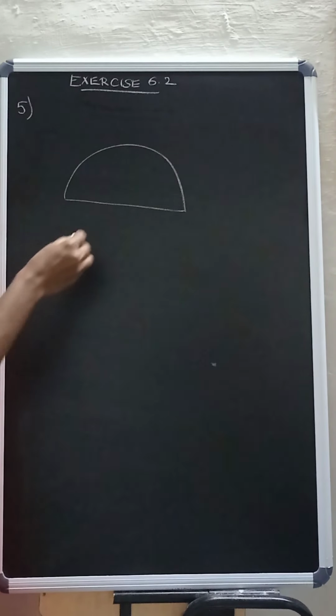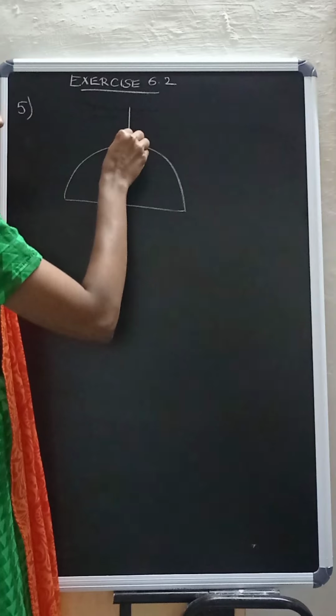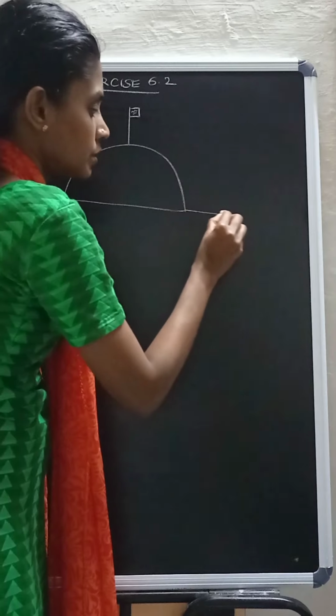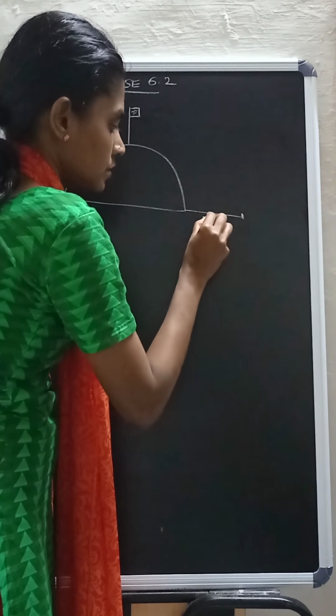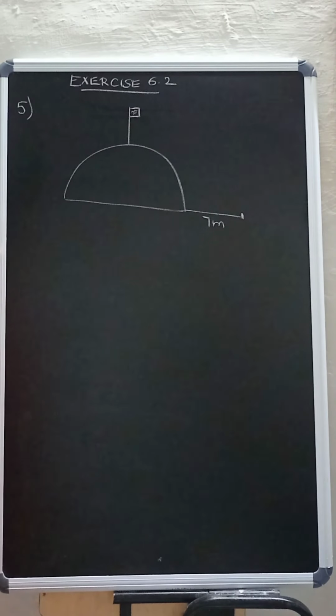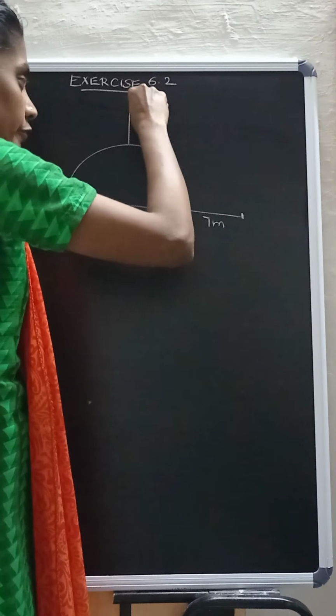So now we draw the diagram. A flagpole h meters is on the top of a hemispherical dome. So a flagpole. A man is standing 7 meters away from the dome. Seeing the top of the pole at an angle 45 degrees.